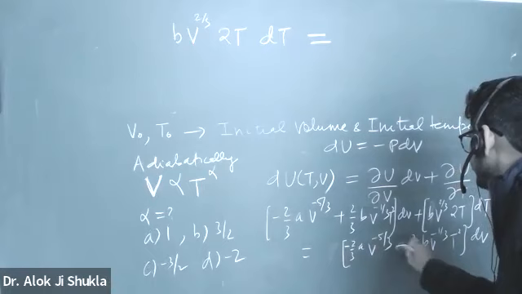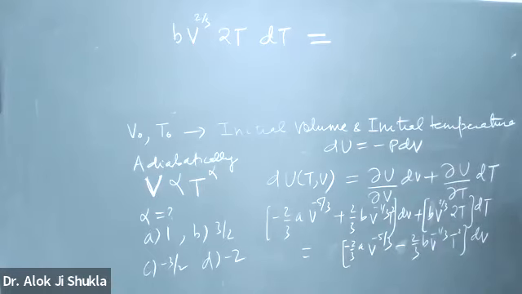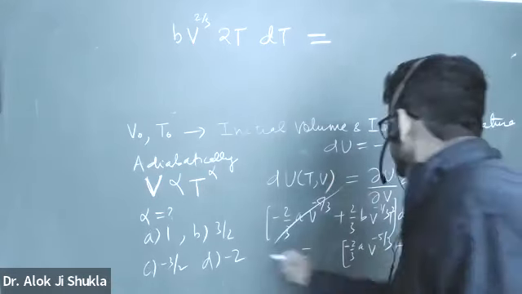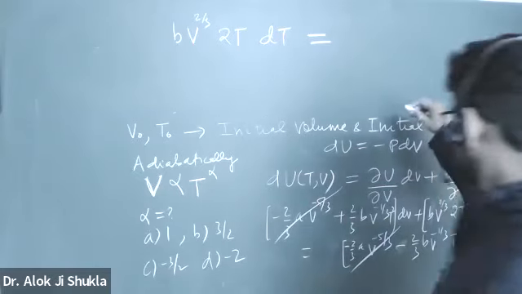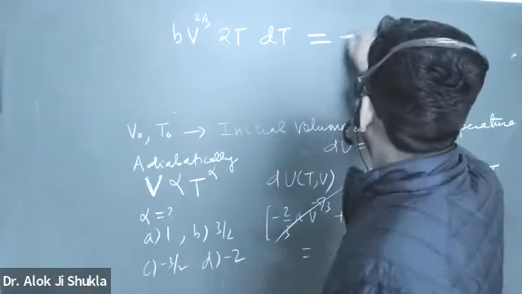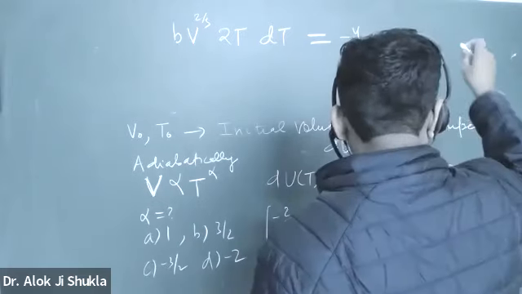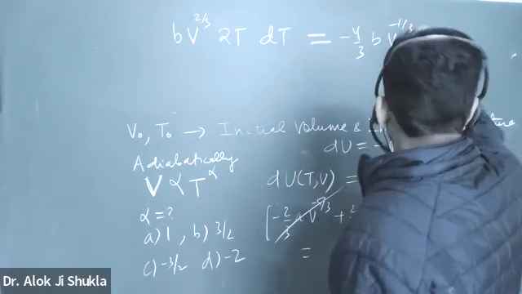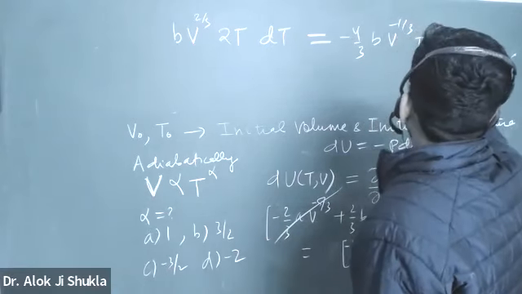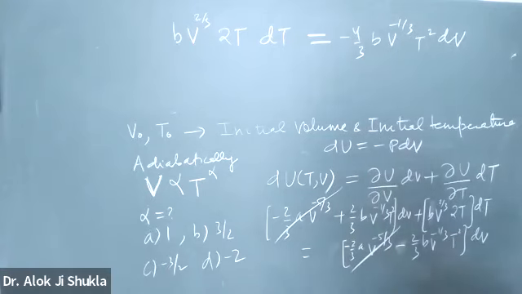So this will be cancelled and this will be added. So what will it become? Minus 4 by 3 b v to the power minus 1 by 3 t square dv.